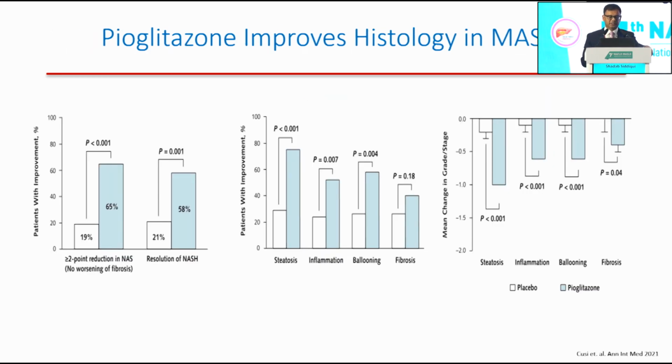So this is data with pioglitazone, and as we all know, and this has been shown in multiple studies, use of pioglitazone can improve liver disease. It can improve NASH. It improves every single parameter associated with liver histology, with the exception of fibrosis. And it's fairly well tolerated.